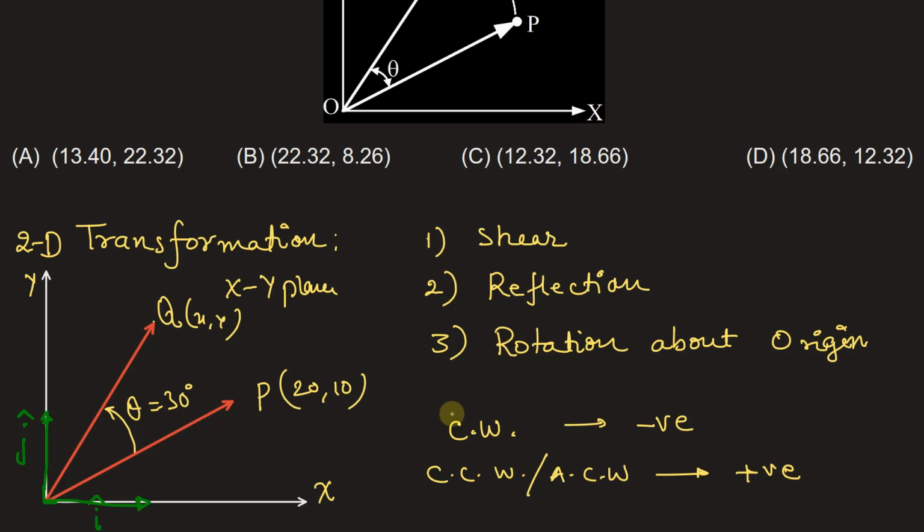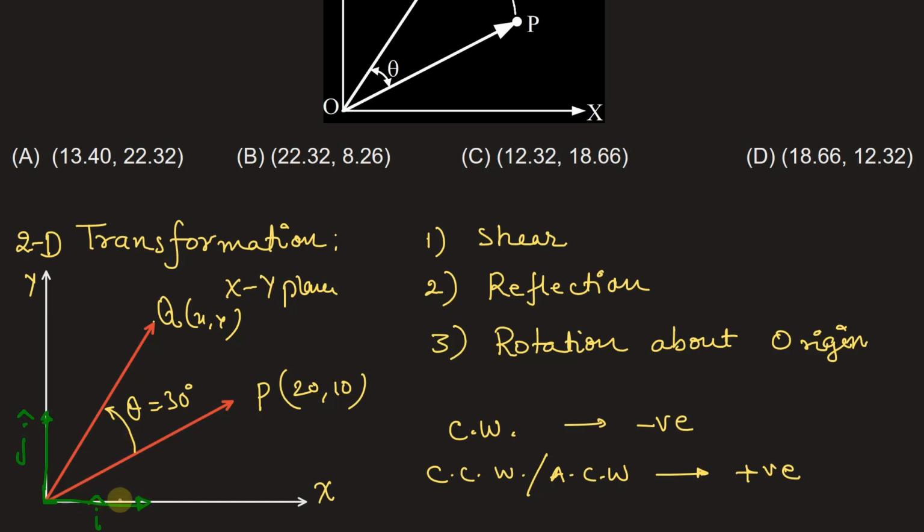Now it's important to understand where these unit vectors lie after transformation. When we rotate P to reach point Q, the unit vectors will also rotate, and we will have a new coordinate system that is rotated counterclockwise by 30 degrees.